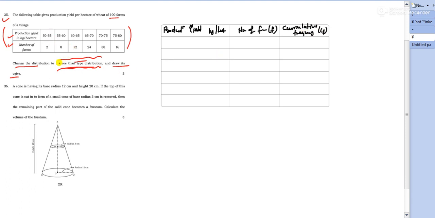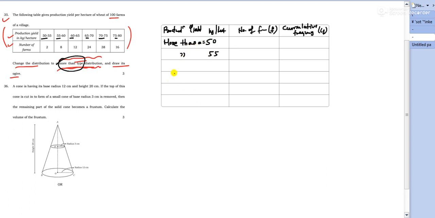Now whenever they have asked you to write more than type, you always have to take the lower limit. Remember this. Write it here, and here you have to write more than. Okay, more than how much? 50. Next again more than 55, or you can also write more than or equal to.